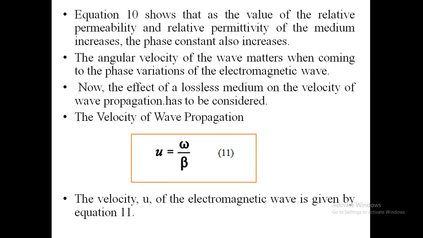This equation shows that as the value of relative permeability and permittivity of the medium increases, there is an increase in the phase constant. The angular velocity of the wave matters when this wave is having phase variations.